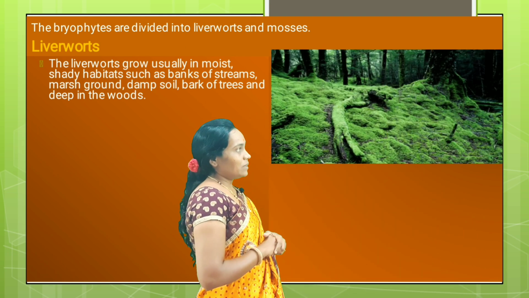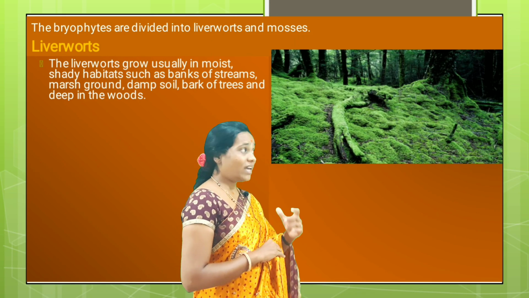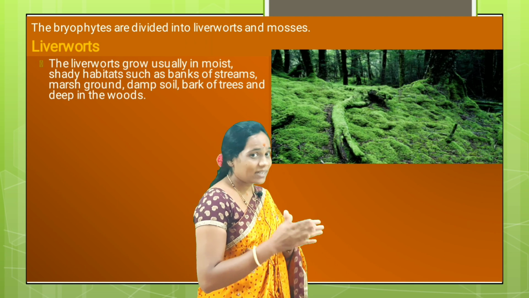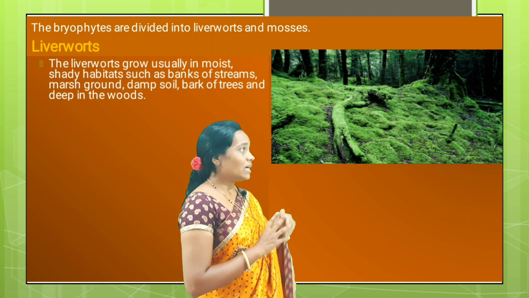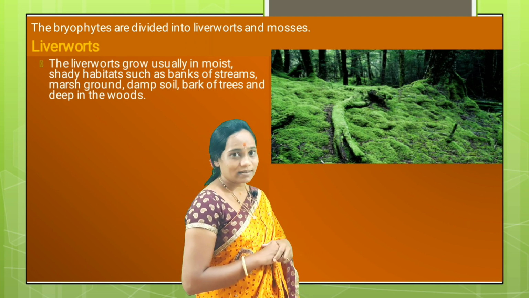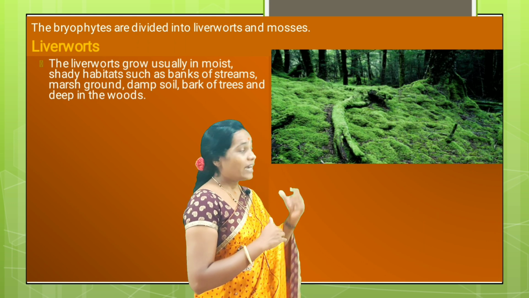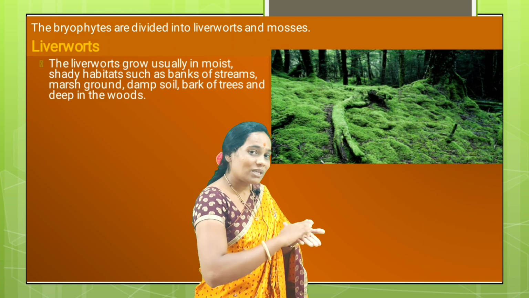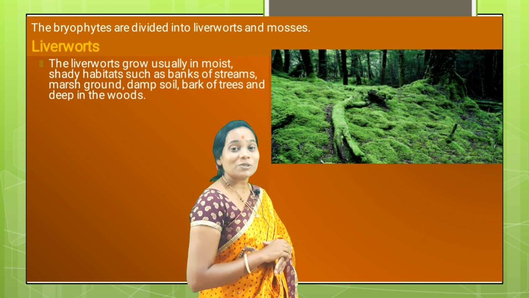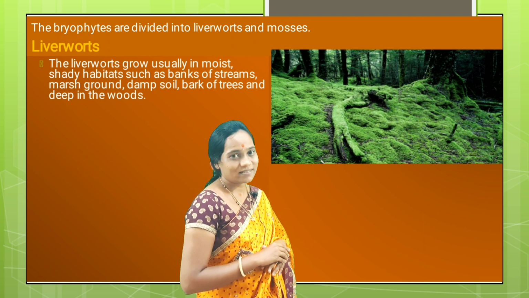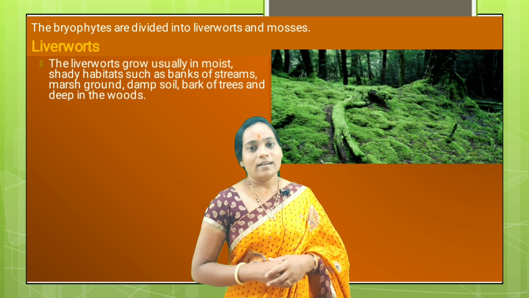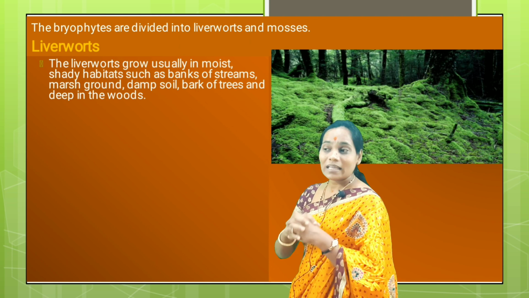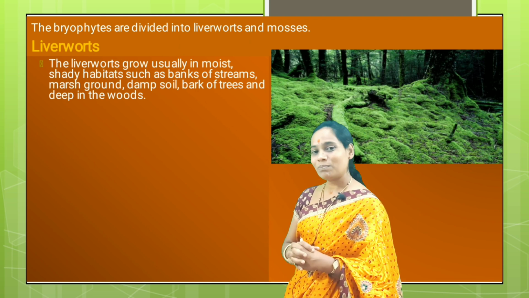There you can see the picture where the bryophytes, particularly the liverworts, are growing in the shady places, and also you can see one wood on which the bryophytes are spreading. Like this, the liverworts are found growing in moist, shady places.